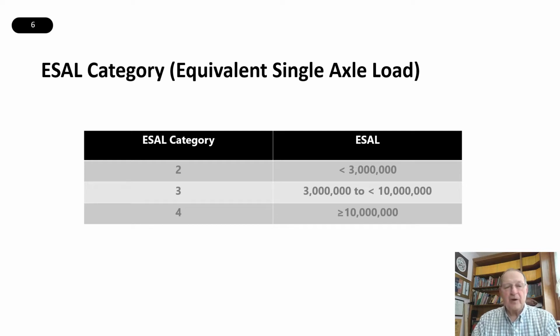Many state highways are going to be category 4 mixtures, and some of the lower volume state highways will be between 3 and 10 million. And there are a few areas where you'll find INDOT highways that have mixtures that will require less than 3 million, but it's not so common of a mixture.